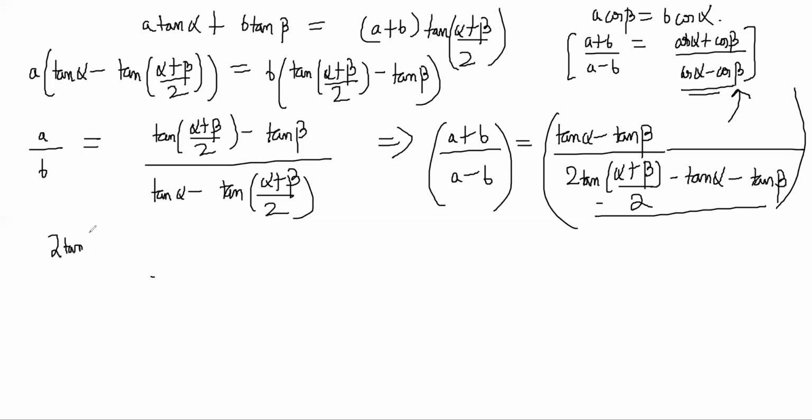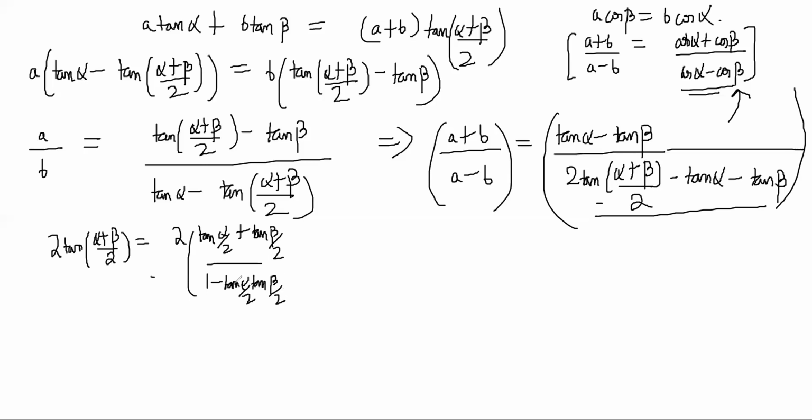2 tan of (alpha plus beta) by 2 is equal to 2 times (tan alpha by 2 plus tan beta by 2) by (1 minus tan alpha by 2 tan beta by 2), right? Minus tan alpha minus tan beta.